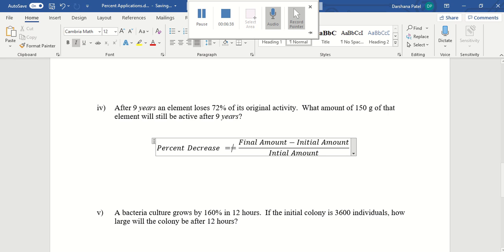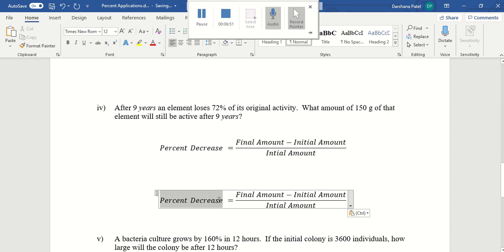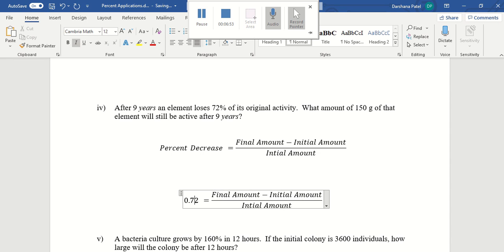In terms of formula, if you plug in the numbers, percent decrease will be 72% as a decimal, 0.72. However, we'll use negative to show it's going down. Final amount is unknown. Initial amount we know is 150 grams, divided by 150.